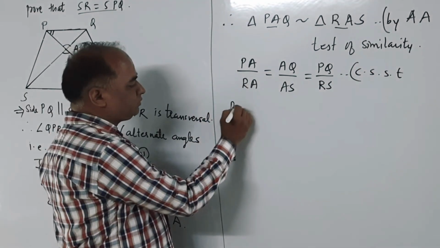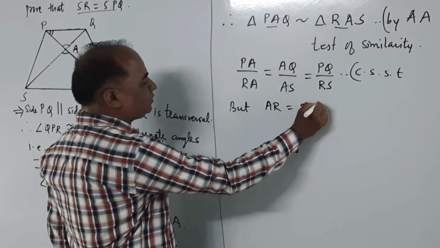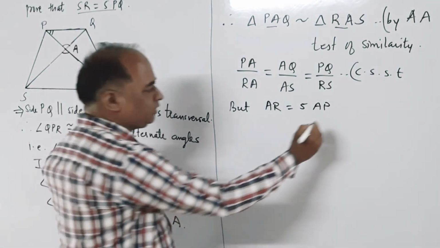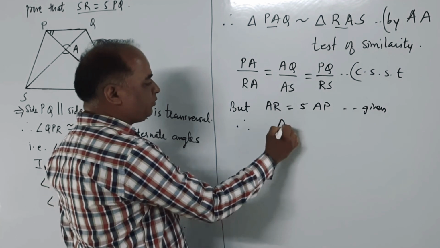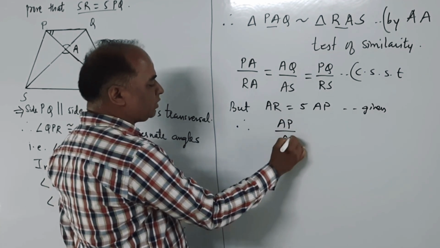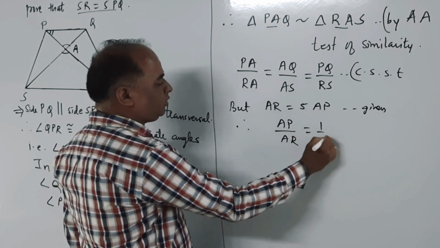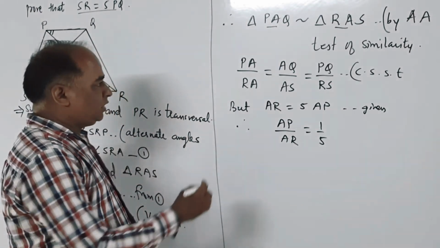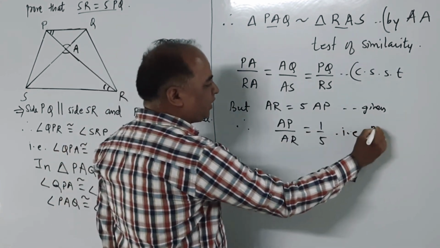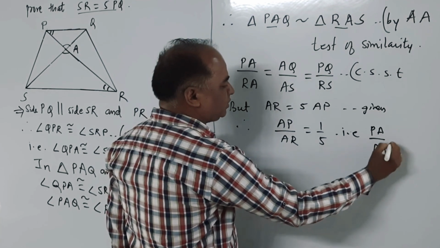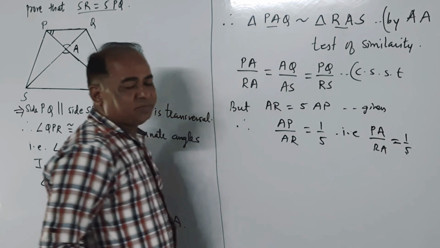Now here, what is given? AR is equal to 5 AP. Therefore, AP upon AR is equal to 1 upon 5. That is, PA upon RA is equal to 1 upon 5, just interchanging the vertices.